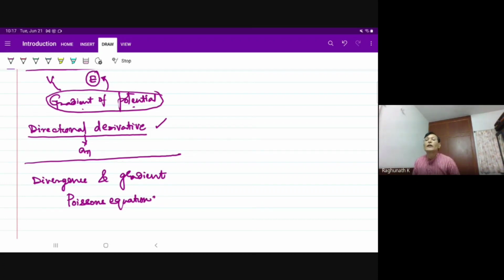See the way in which the syllabus is interlinked for us. You know where this Poisson equation is given in our GATE syllabus? Before diode.